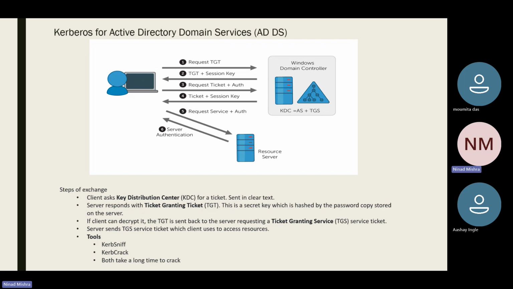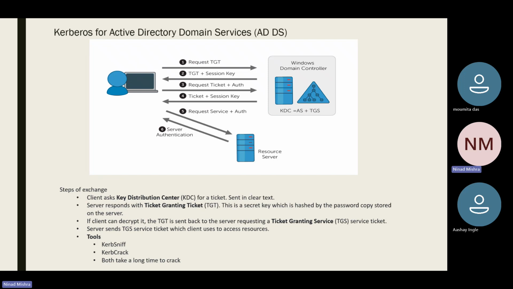But just to understand, the client will have its own public key which is provided by the certificate authority, and over here it should match. Whenever a private key is provided by the domain controller, it will be decrypted by the client using the public key.